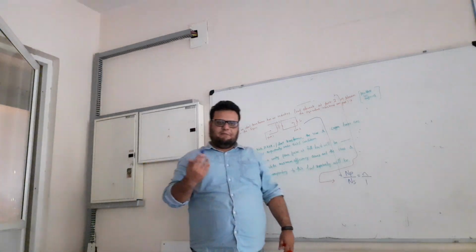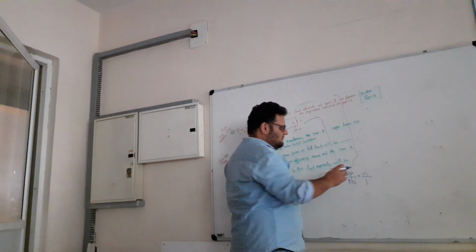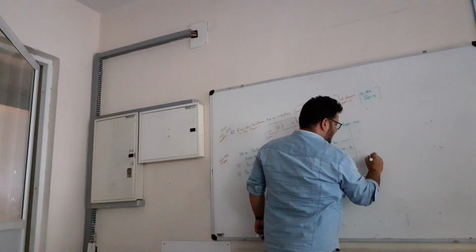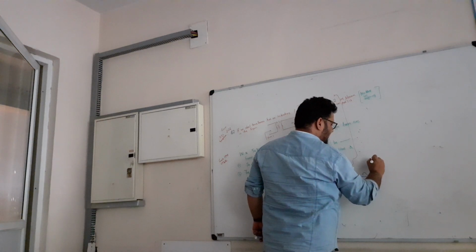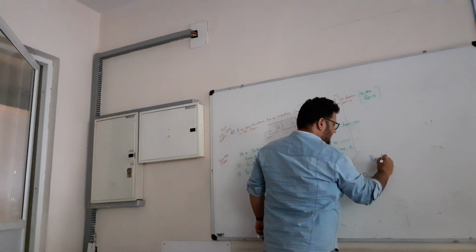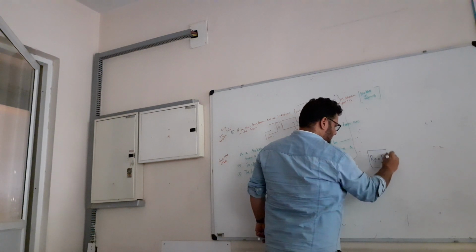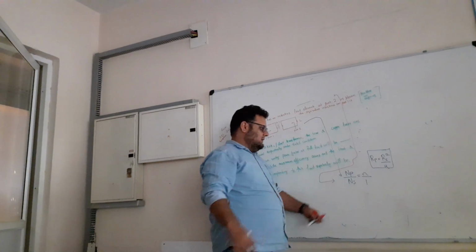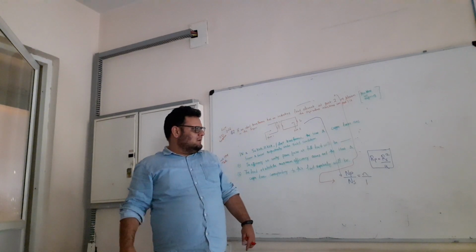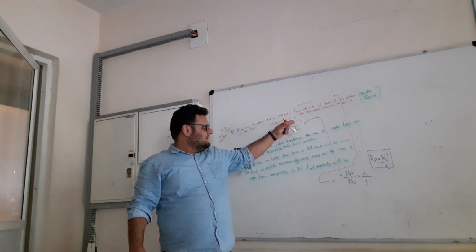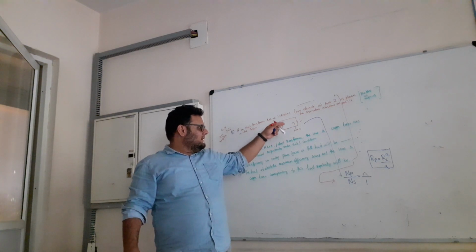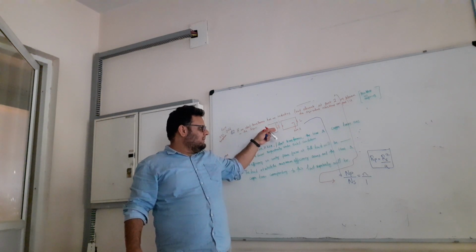Now it's talking about referring. In the previous discussion also, when I talked about referring, we saw that your RP was RS by A square, which you can see from the previous videos which I have loaded. Same thing here also. What it wants is that the secondary should be referred to the primary.